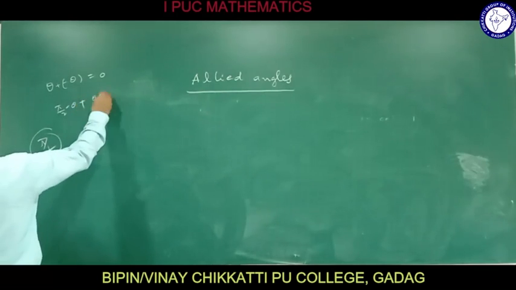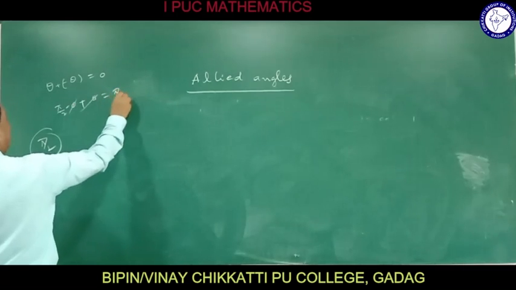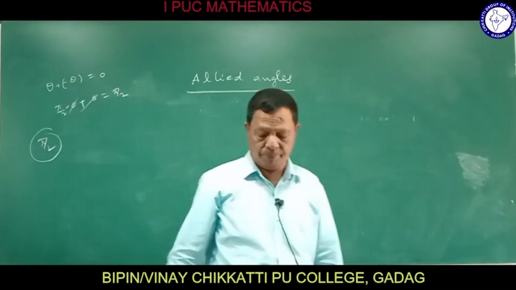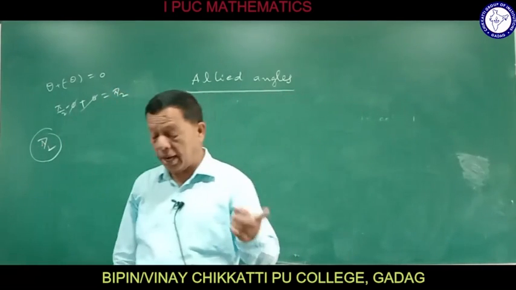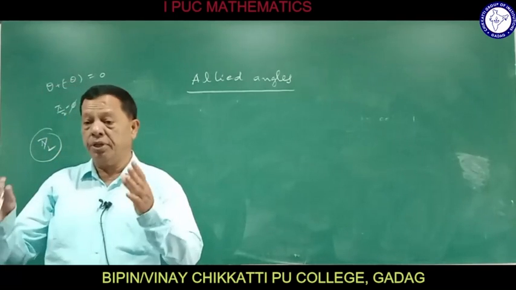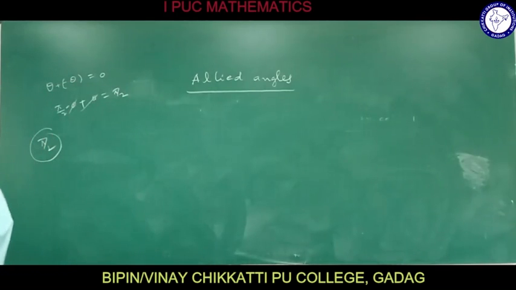Why? Because their sum is pi by 2. So what is the specific condition you remember? One angle is allied to another angle and their sum must be 0, or their sum or difference is a multiple of 90 degrees. Then they are called allied angles.